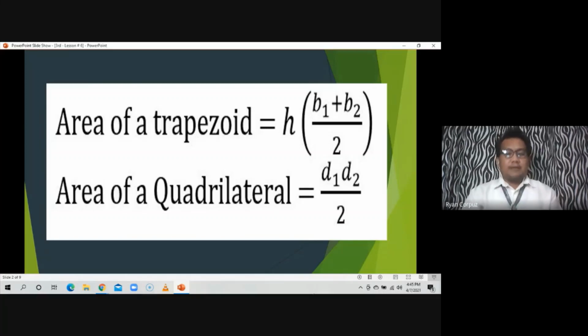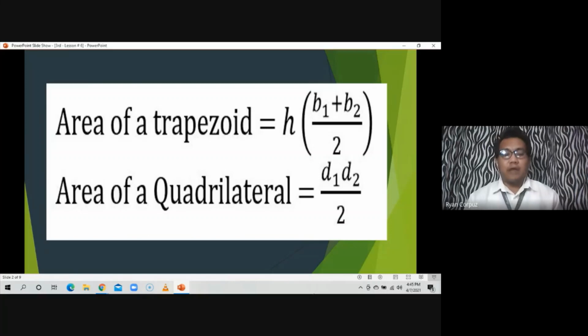Then on the other hand, in order for us to find the area of a quadrilateral with perpendicular diagonals, to be specific, to find the area of a quadrilateral with perpendicular diagonals, all we have to do is to apply the formula. Area of a quadrilateral is equal to d sub 1 times d sub 2 all over 2. What is d sub 1 and d sub 2 that we are pertaining to there?